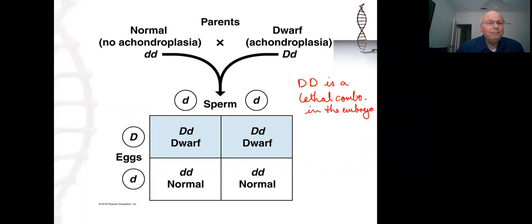Interesting, right? Because under normal circumstances in Mendelian genetics, we would expect the dominant trait to be the one that's present most frequently. But we know from this situation that in fact the recessive trait is the one that is present in the greatest number. And there's a simple reason for this.